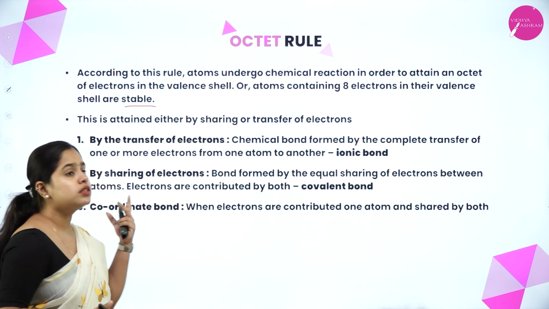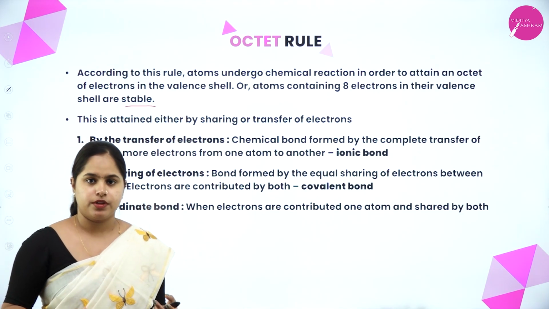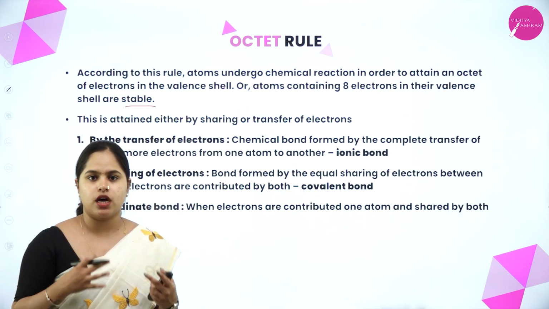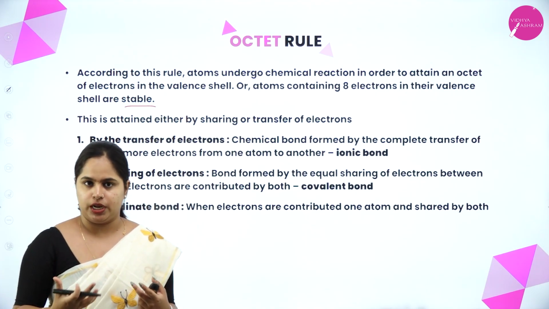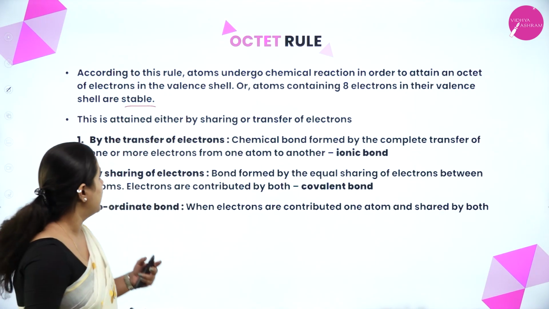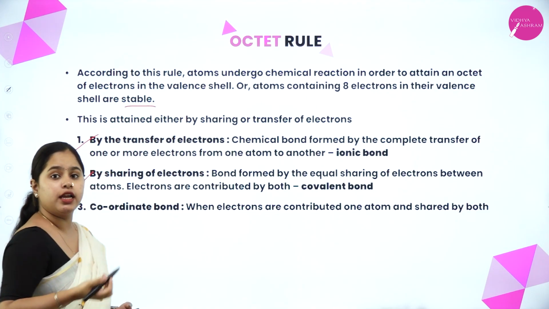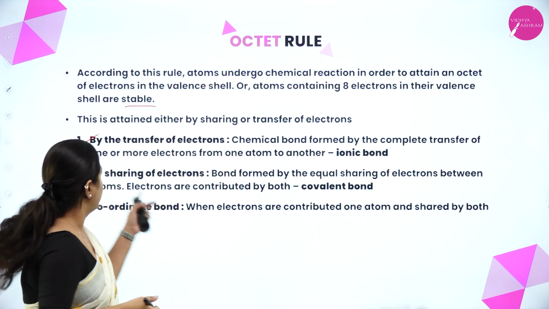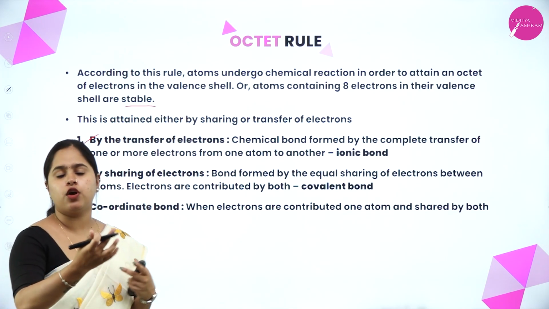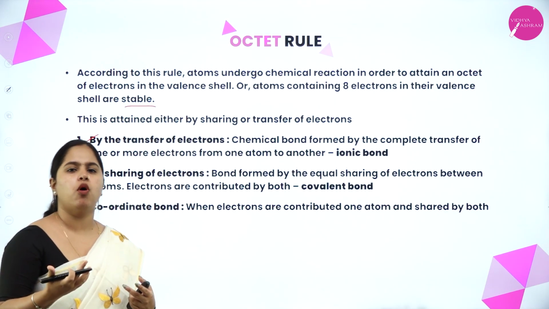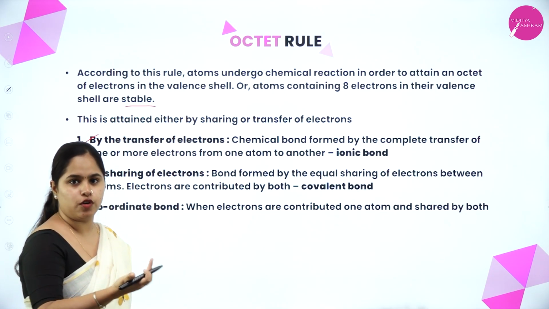Now how is this octet rule attained? We know that 8 electrons are to be attained in the outermost shell. But how is it done? Either by the transfer of electrons or by the sharing of electrons. Let's take the first one, by the transfer of electrons. What type of bond will be formed when there is transfer of electrons?